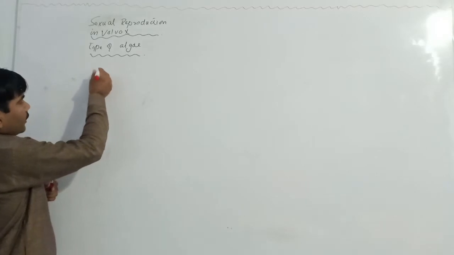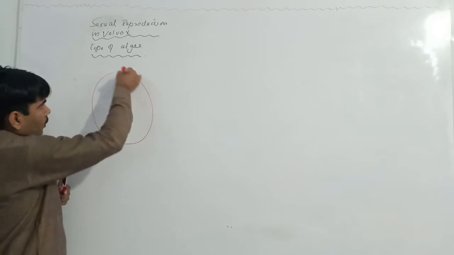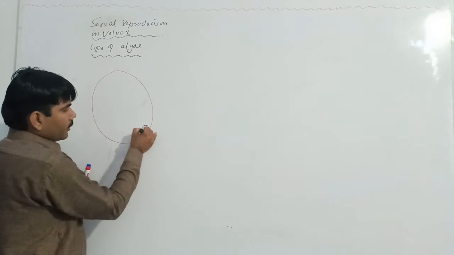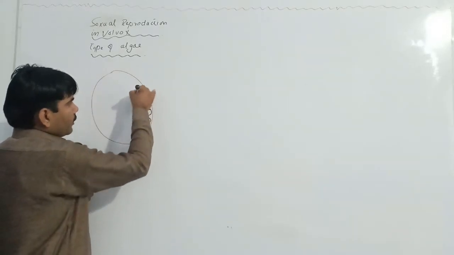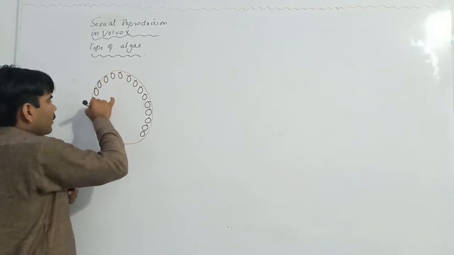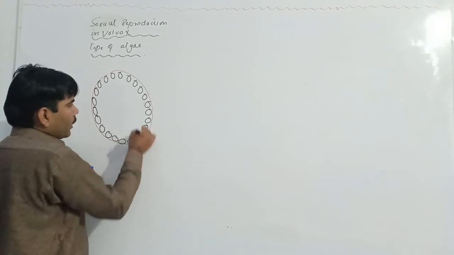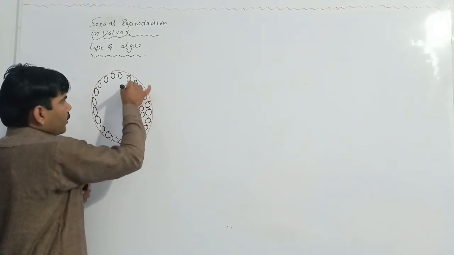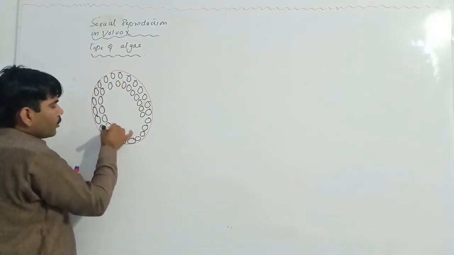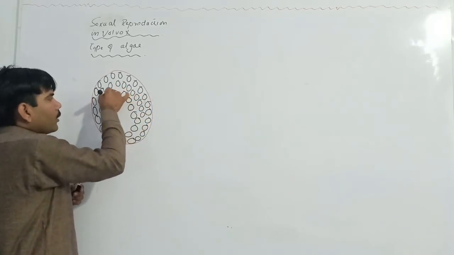So, for example, this is a colony of Volvox, and here are the cells which are present at the peripheral side of the colony, and some cells of this colony take part in sexual reproduction.